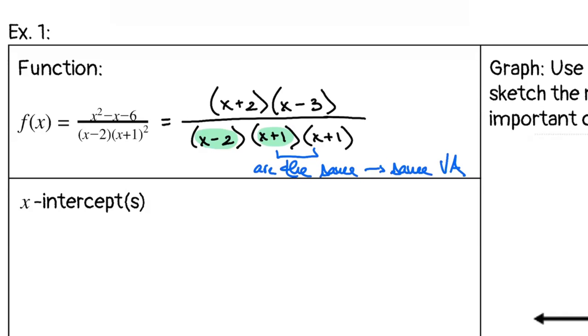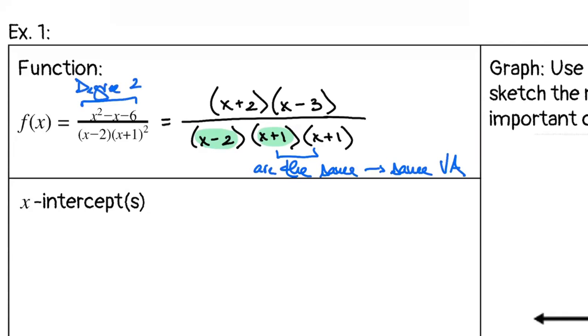And if there are, what might that equation be? I think it's because the numerator's degree is smaller than the denominator, which would make the HA at y equals 0.